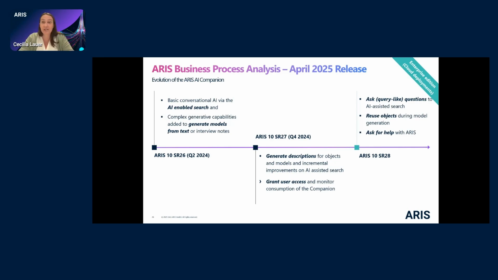As I mentioned, the evolution really started in our service release 26 during the fall. We introduced a basic conversational AI, where you could start asking ARIS first questions. For example, if you were working in a certain process, users were now able to ask what steps are needed to successfully complete this, and you would get a list of steps.